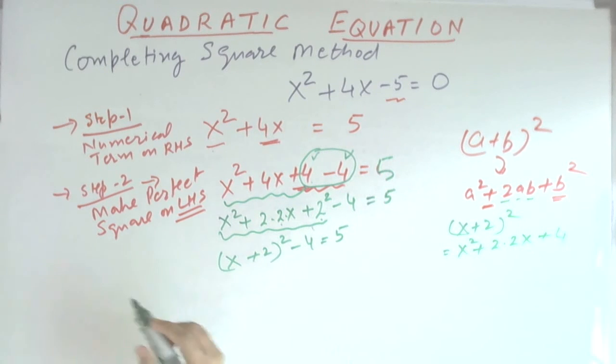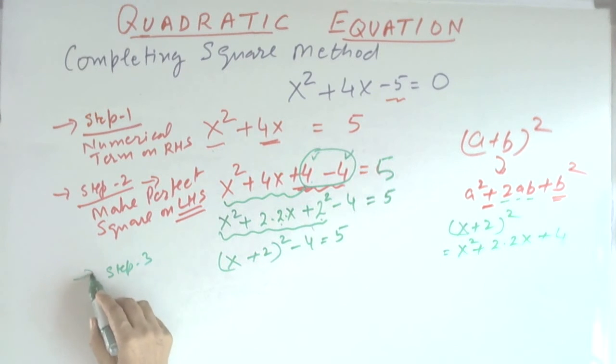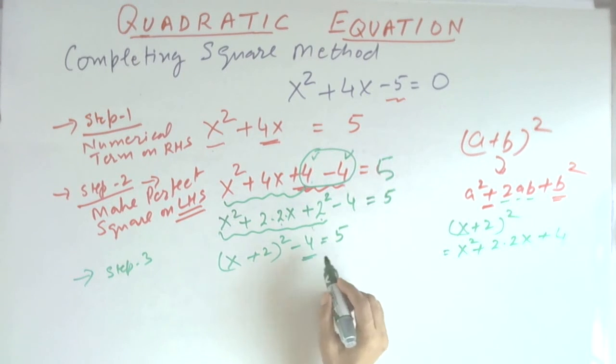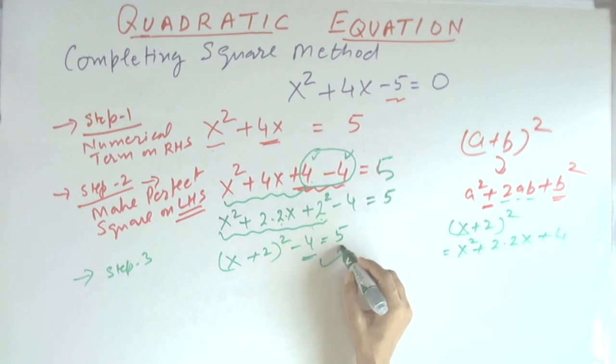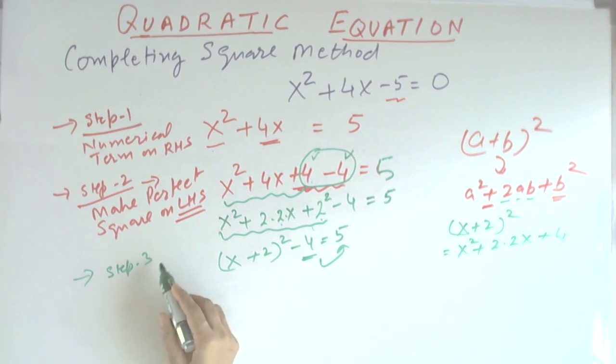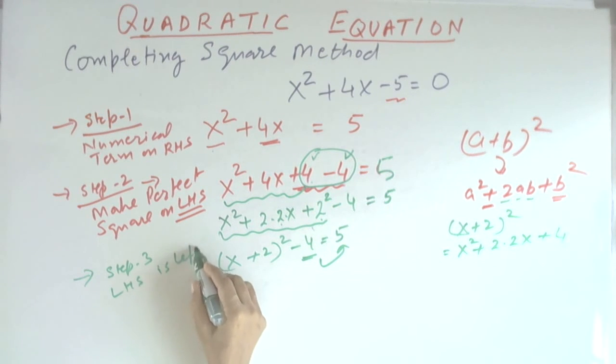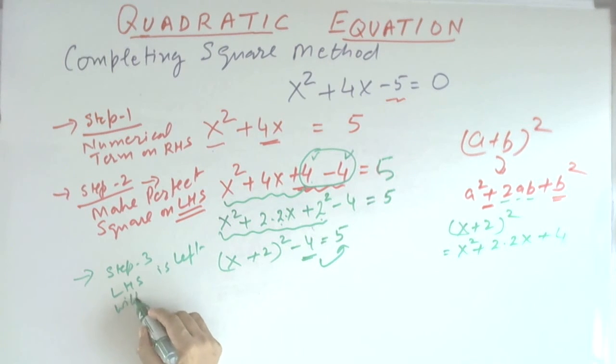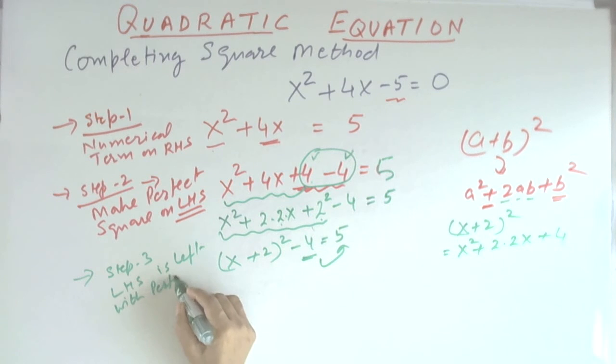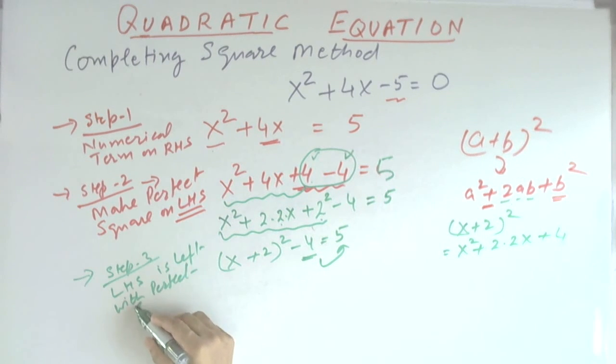Now in step 3, we take this 4 also to the right hand side, so that the left hand side is left with a perfect square only.